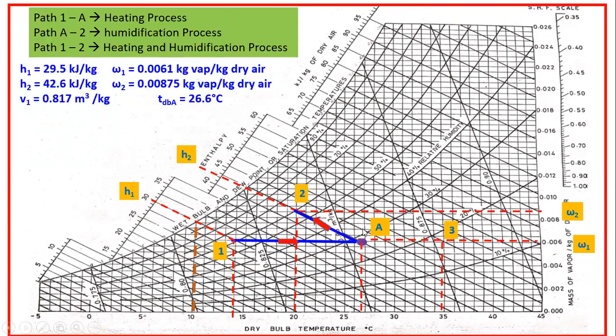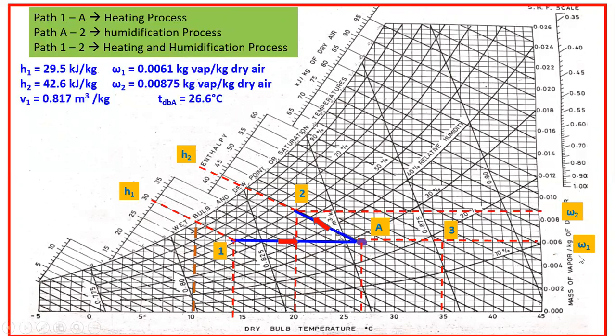So how do you say it is humidified? We can see that the omega value is increased from 1 to 2. That means the moisture content is added. So 1 to A, how do you say it is sensible heating? We know that during sensible heating, only the dry bulb temperature increases, whereas the specific humidity remains constant.